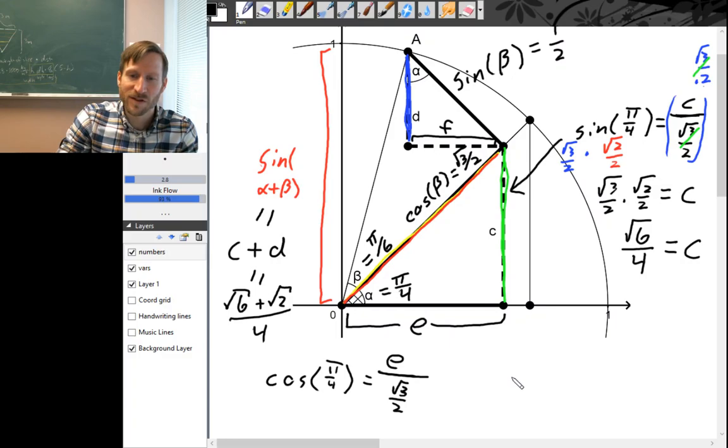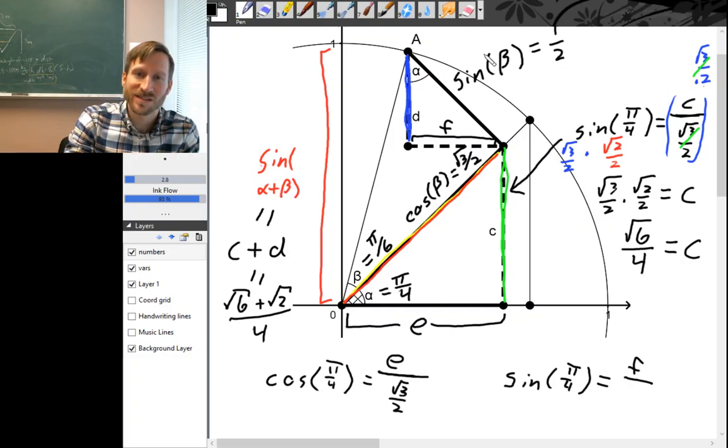And for F, F is opposite the angle alpha in this triangle, so we'll use sine of pi over 4 is equal to, the opposite side is F over, and the hypotenuse is still 1/2. It's the same hypotenuse from before.